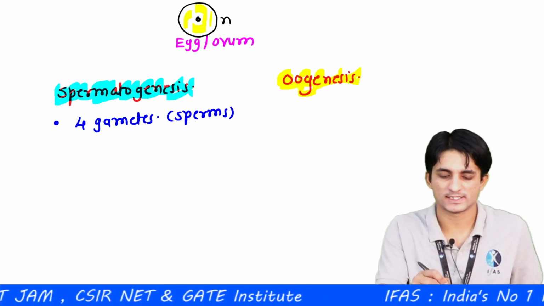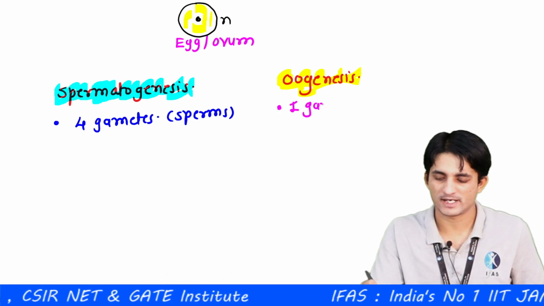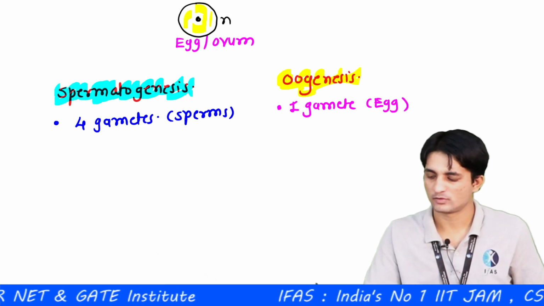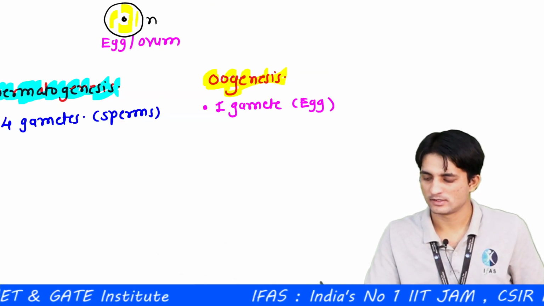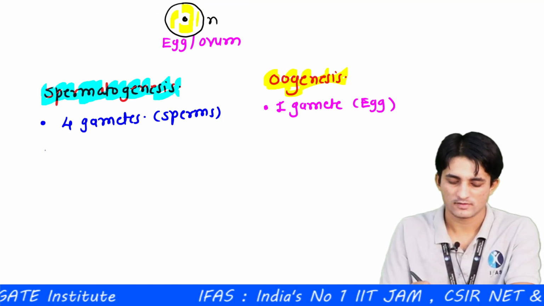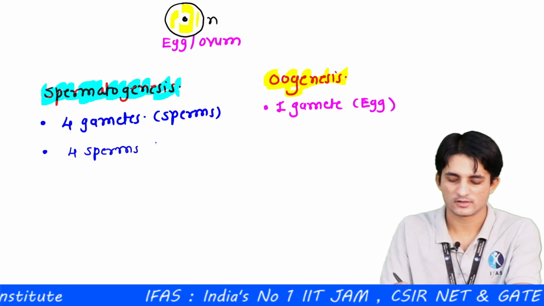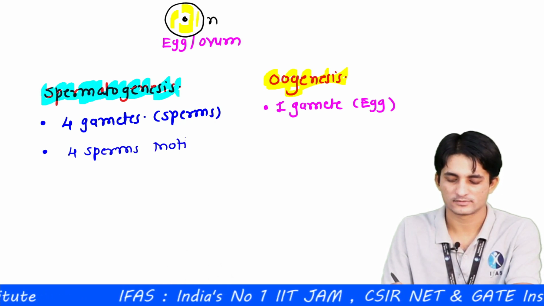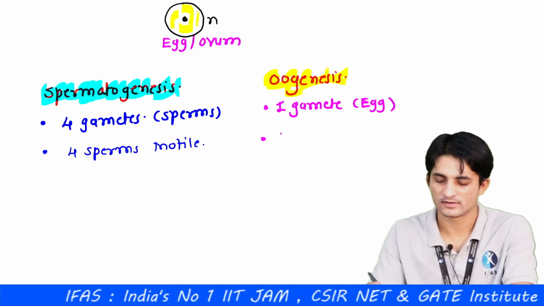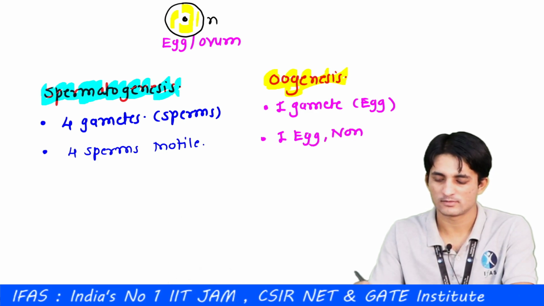In oogenesis there is formation of one female gamete, that is the egg. In spermatogenesis the 4 sperms are motile, and in oogenesis the single egg that is formed is non motile.